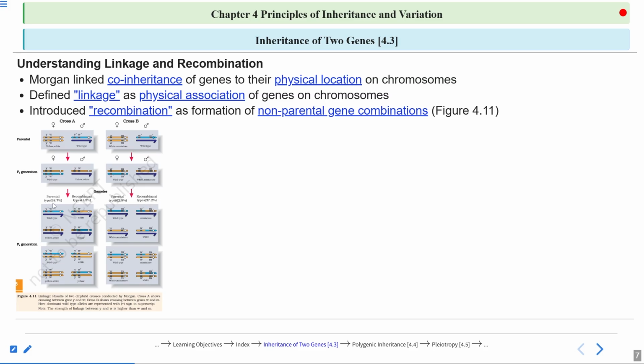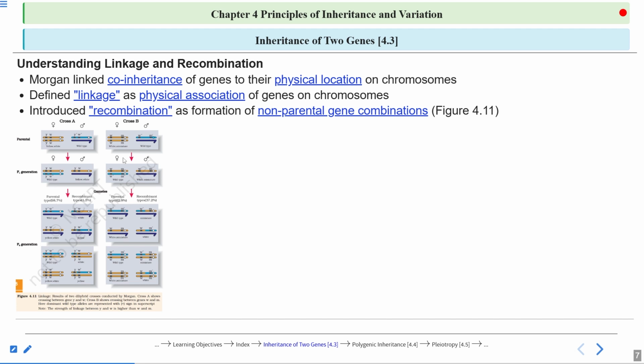In cross A, the parental types are more, 98.7%, and recombinants are only 1.3%. In cross B, parental combinations are 62.8% and recombinants are 37.2%. So in cross A, you can say that the genes are linked together, because you are getting more parental combinations and fewer recombinants.